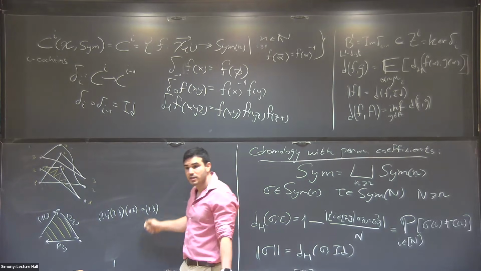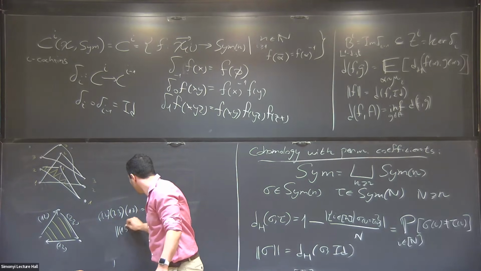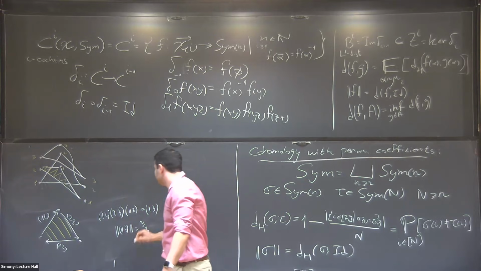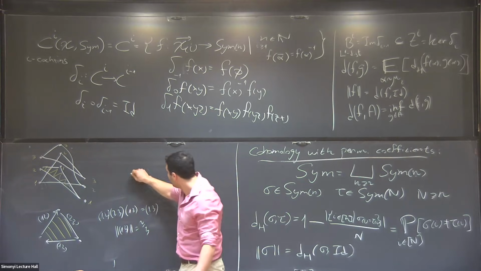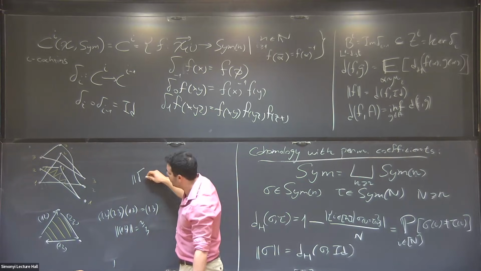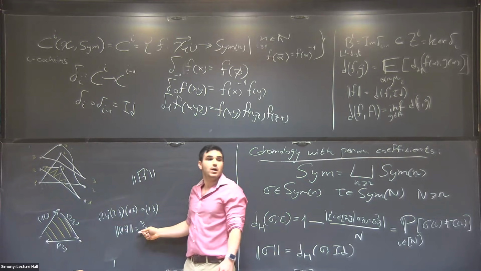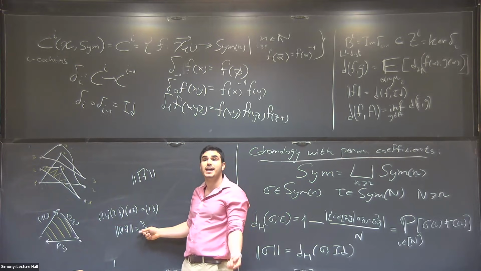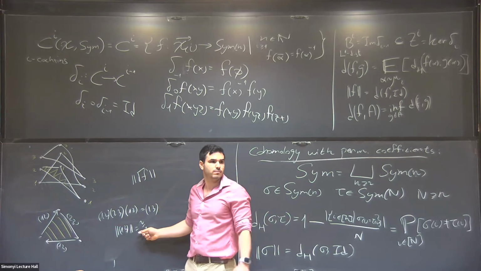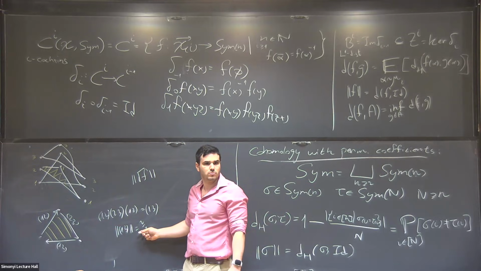And the norm of this is 2/3. So the norm of the coboundary of the one cochain that you started with measures the proportion of triangles that I cannot lift. Okay?